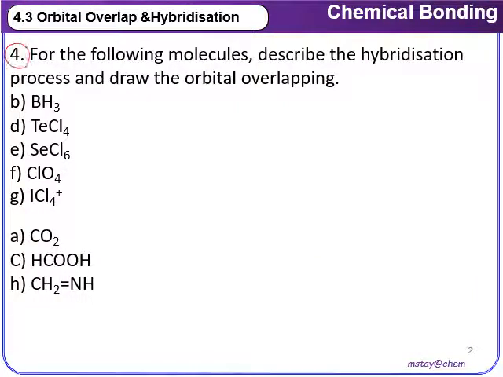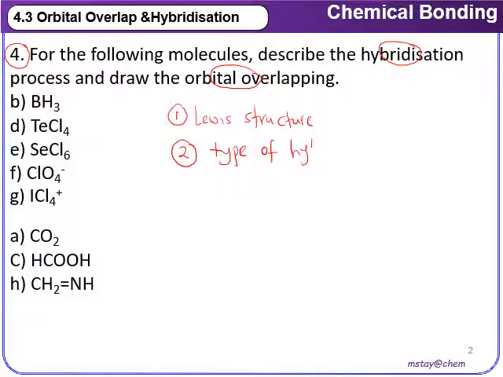Question number 4. For the following molecule, describe the hybridization process, and then we are going to draw the orbital overlapping. So, as usual, when we want to do this description of the hybridization, first we have to draw the Lewis structure. Next, from the Lewis structure, based on the number of electron domains, we are going to identify what is the type of hybridization.